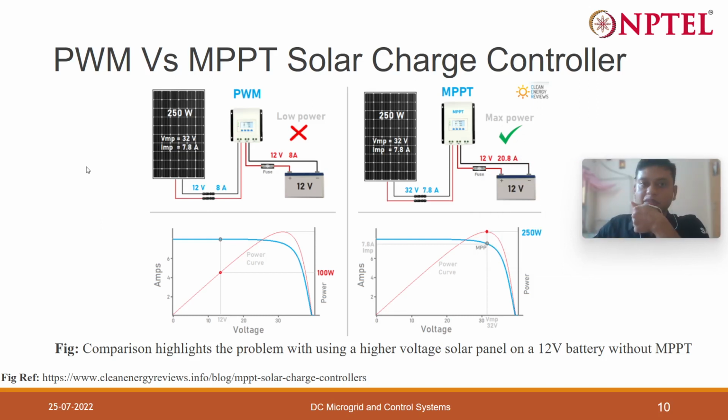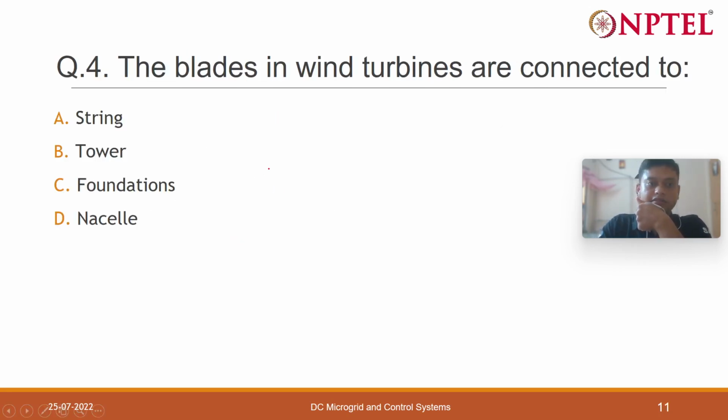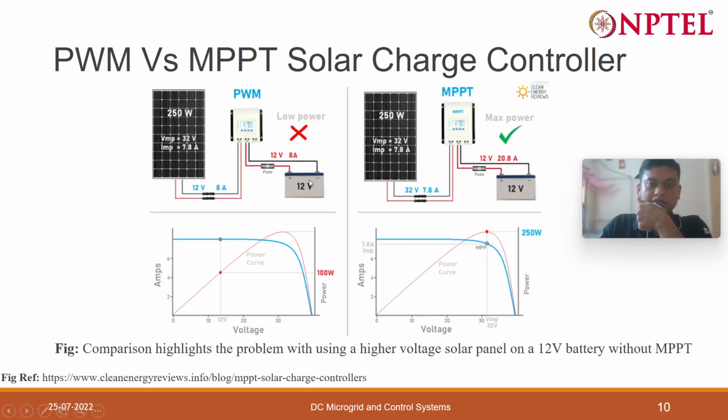What happens in a PWM solar charge controller is that whatever the battery voltage is, say 12 volt, it equates this 12 volt with the PV array voltage, and it takes current at this 12 volt.